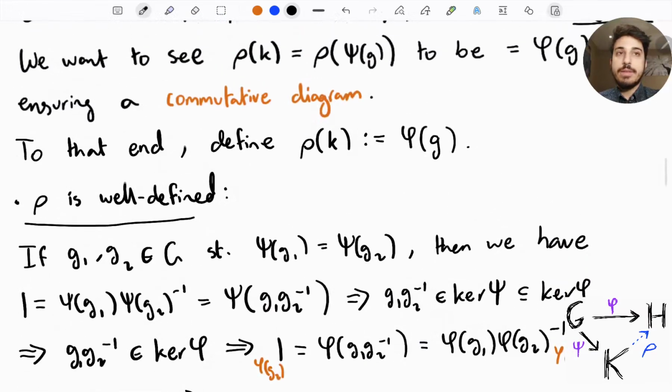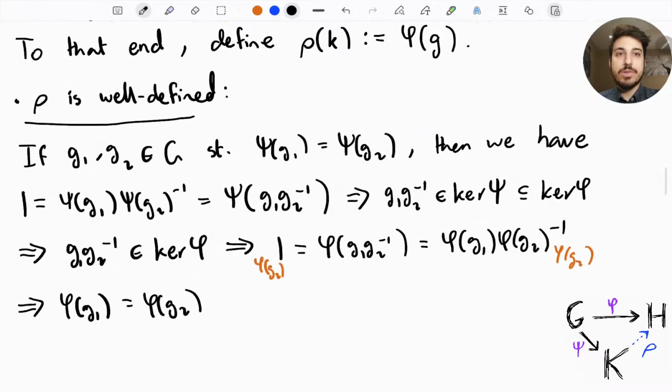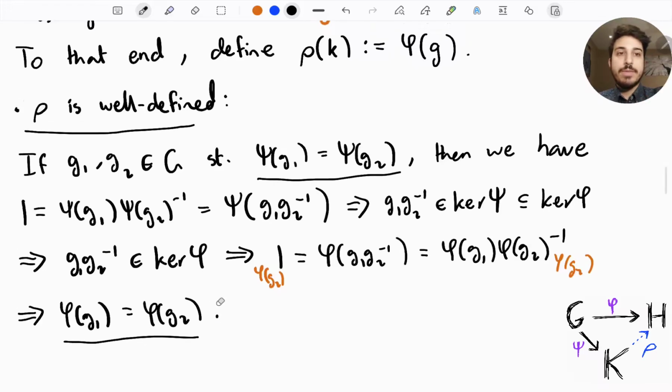But remember, the definition of rho was giving the phi of the G. So because I have two equal elements in the domain, I have two equal elements in the image of rho, telling me that rho is well defined, finishing the proof of rho being a well-defined map.